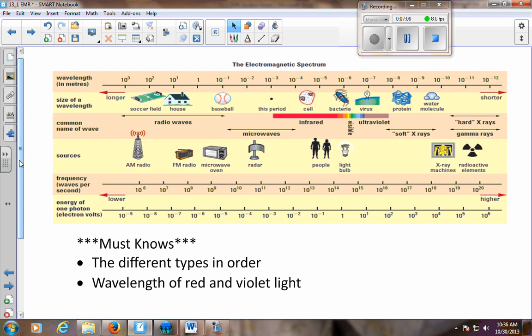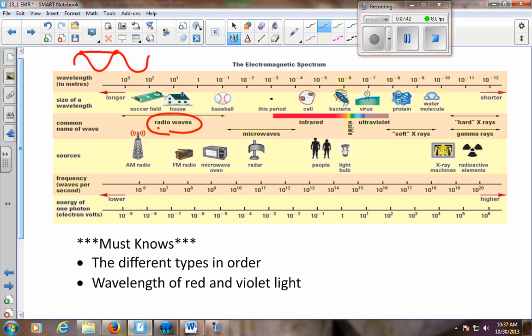So just a quick look at what EMR is. What types of EMR do we have out there? All types of EMR are just electric fields and magnetic fields oscillating back and forth, but the key difference is how long the wavelength is. If the wavelength is really long, like soccer field long or house long or even baseball long, we call it a radio wave.